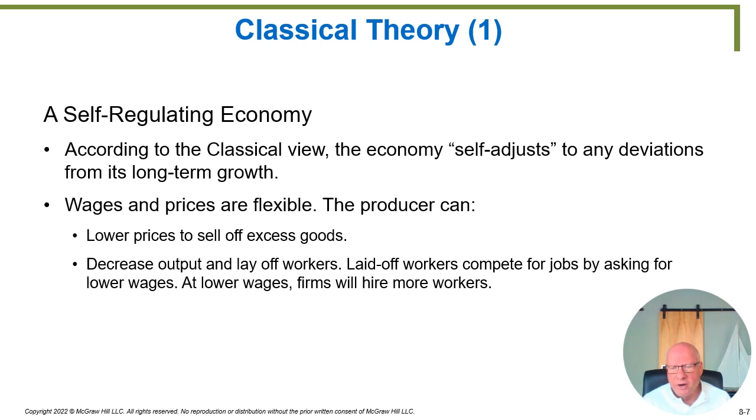So the classical theory, this was the traditional theory up until the 1930s, was that the laissez-faire market economy was self-regulating, that it was self-adjusting, that wages and prices were flexible, so whenever you go into a recession, business people cut their prices, workers take a wage cut, the economy rebalances at a lower price, because as you all know from previous slides, at lower prices, people now feel emboldened to go out and buy new things because obviously you're getting a good deal.